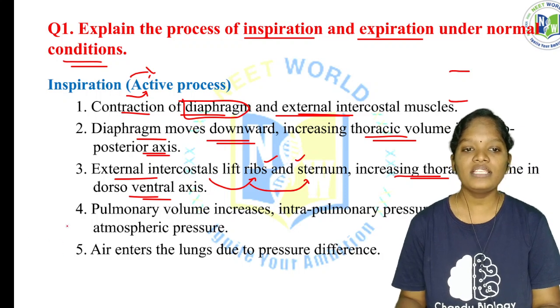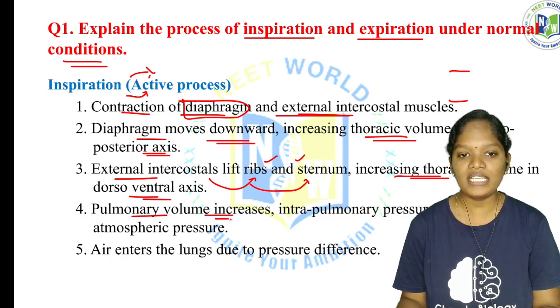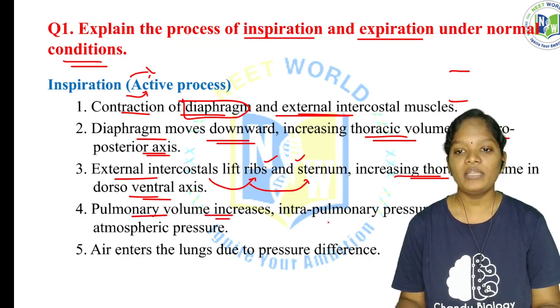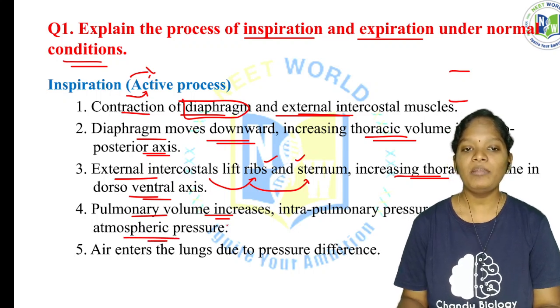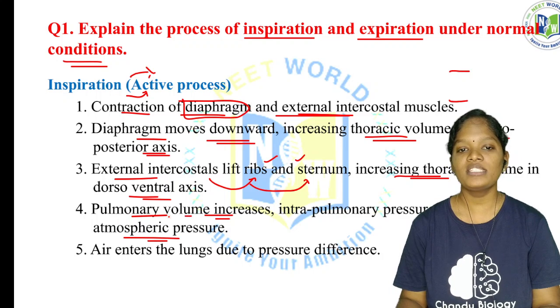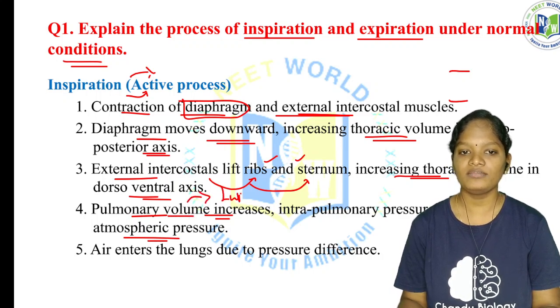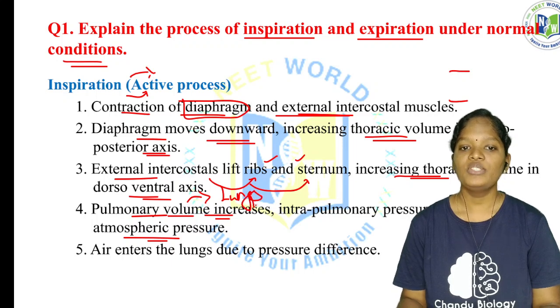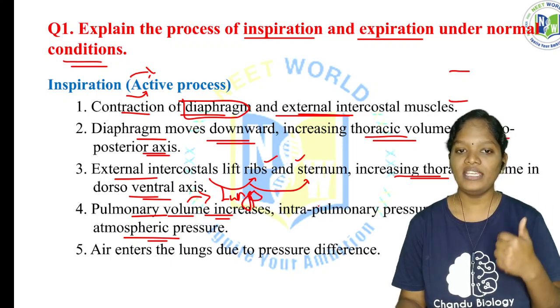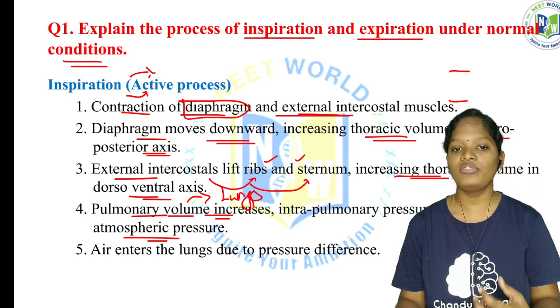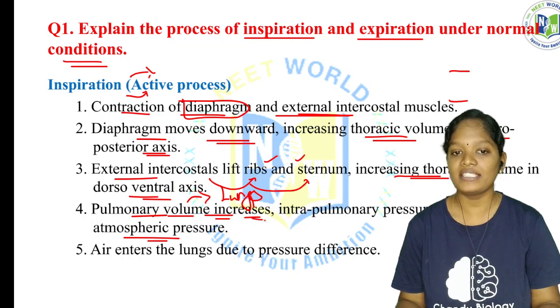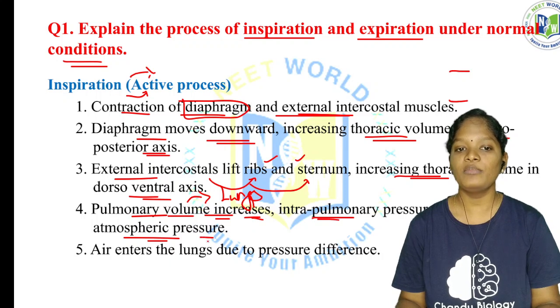As the pulmonary volume increases, the intrapulmonary pressure falls below the atmospheric pressure. The pulmonary volume is the volume present in the lungs. Whenever the air enters, the volume of the lung increases, and the intrapulmonary pressure falls below the atmospheric pressure.